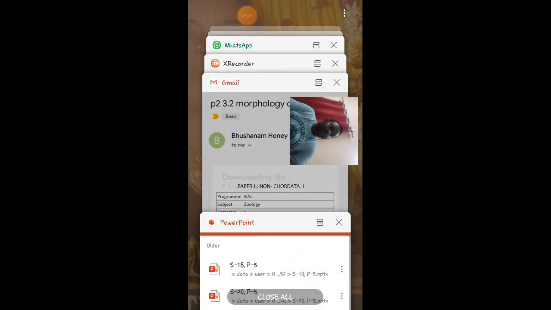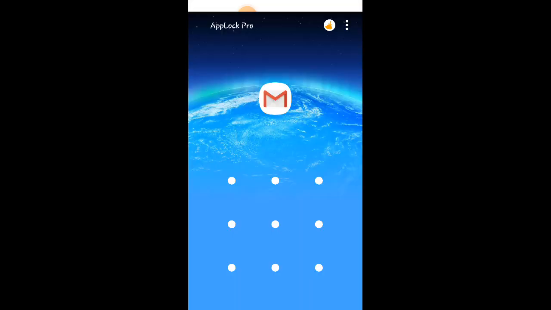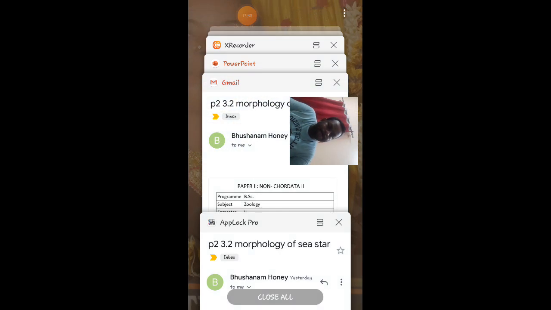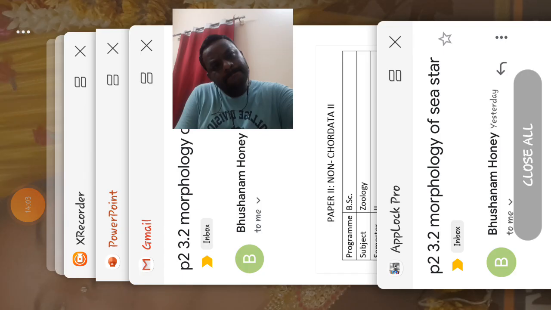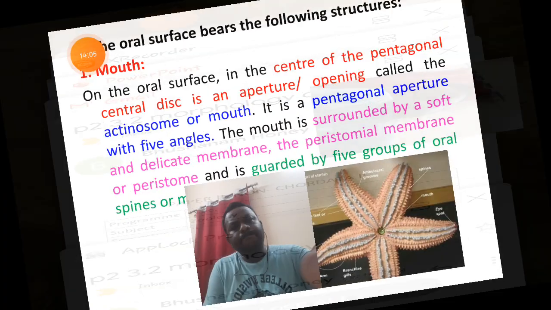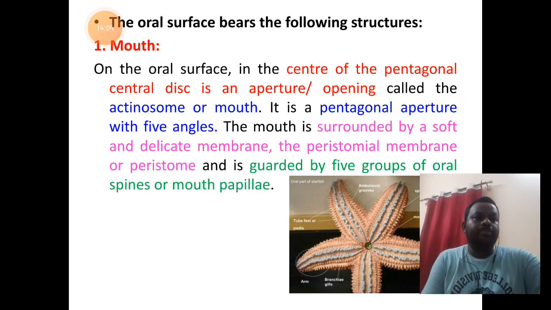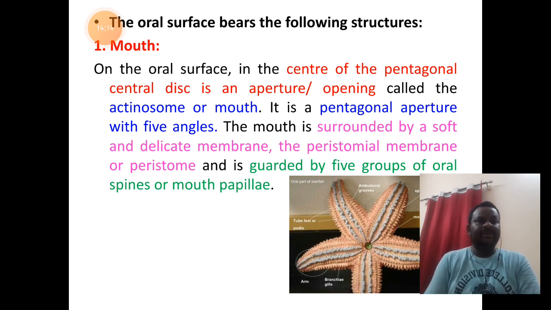At the oral surface, we find the opening of the mouth at the center of the central disc.